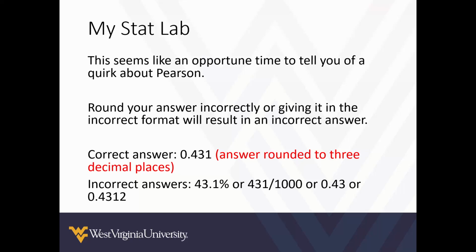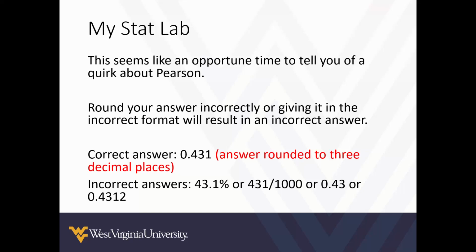So if Pearson says you need to round to 3 decimal places, then if you round to 2 or 3, you're going to be in trouble. So let me say, for an example, suppose the correct answer for a question is 0.431.